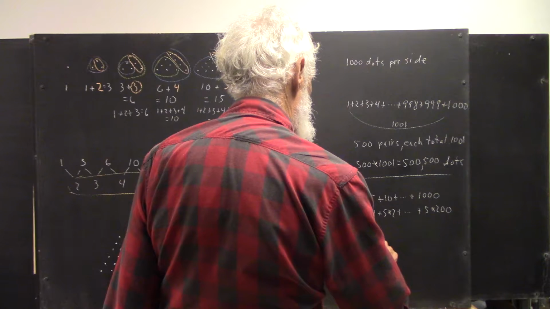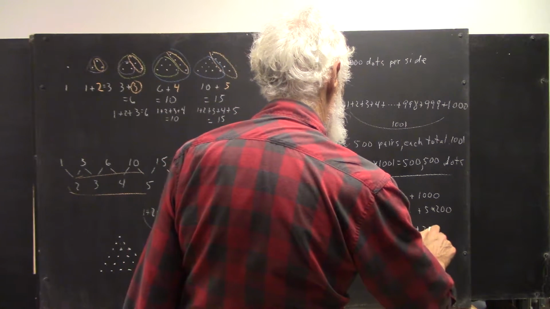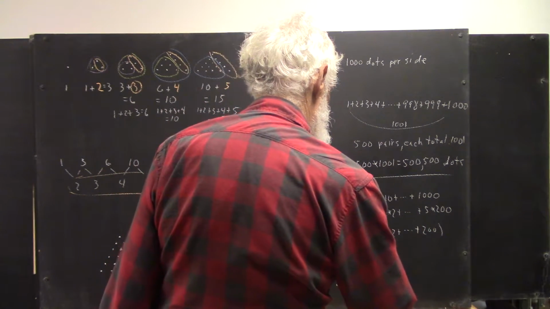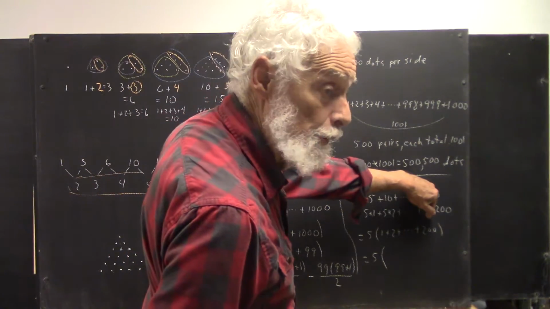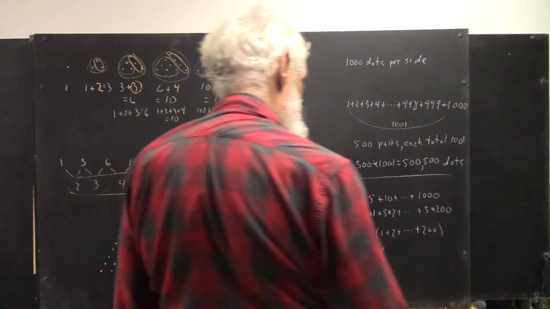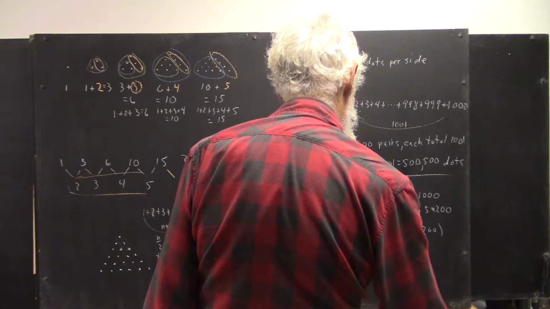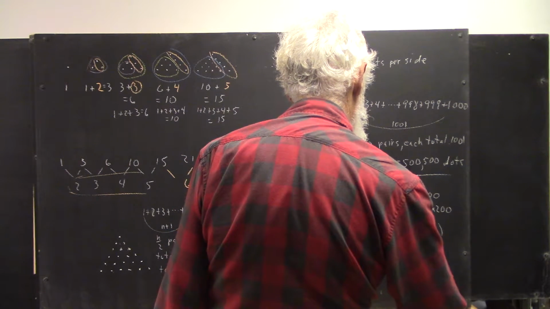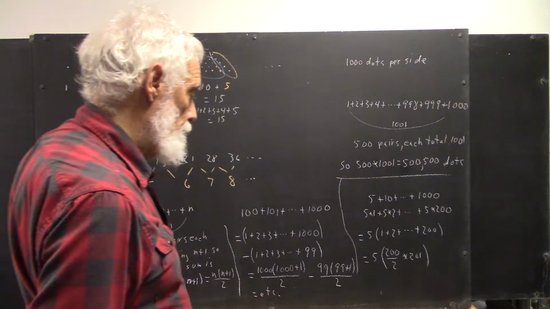And that equals 5 times 1 plus 2 plus all the way up to 200. Which equals 5 times, now what do we have here? We have 200 numbers, 100 pairs, each pair adding up to 201. So that's, we'll go 200 over 2 for the number of pairs, times 201, which is what each pair adds up to.